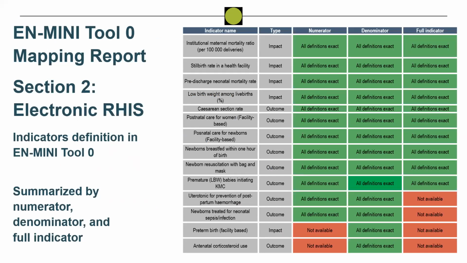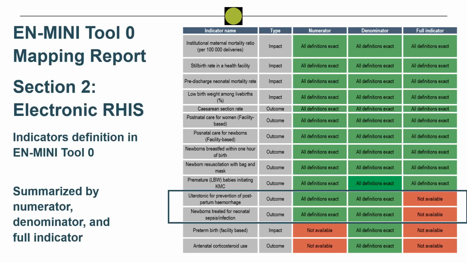The heat map showed availability for indicator, numerator, denominator, and full indicators at the national level in Tanzania's DHIS2. In Tanzania, as you can see, most of the newborn or stillbirth indicators are already in DHIS2. But neonatal sepsis has a numerator and denominator available, but the indicator needs to be manually calculated. Preterm birth and antenatal corticosteroids are not yet in DHIS2.